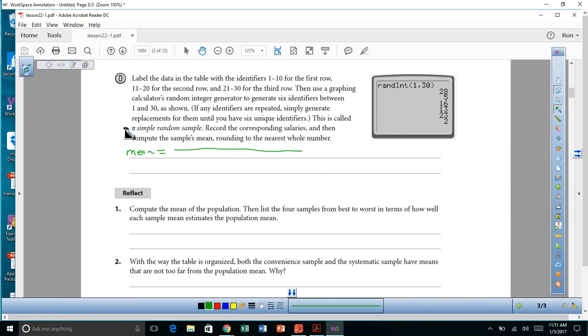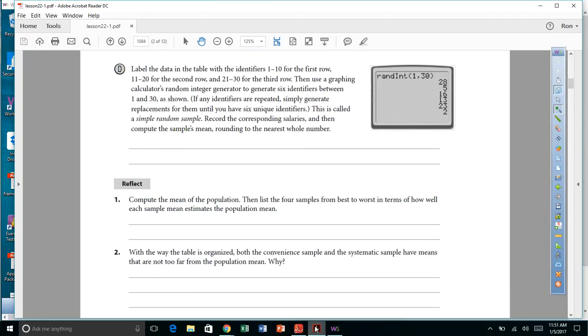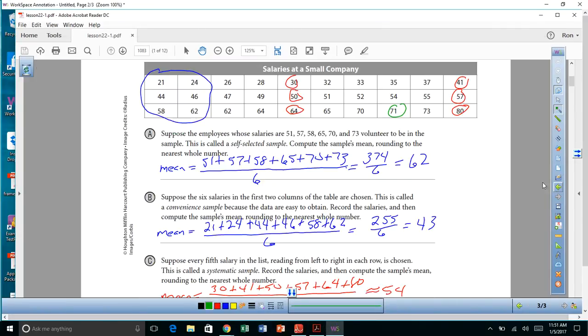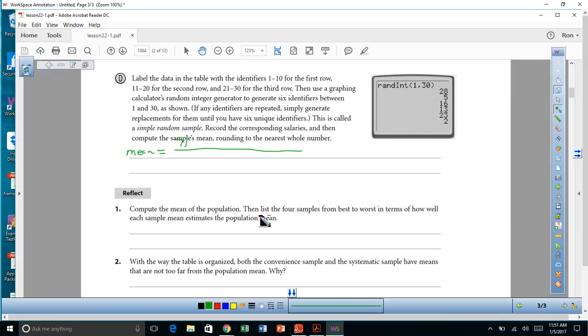And then 5, that's 30. 71 plus 30, and then 16.